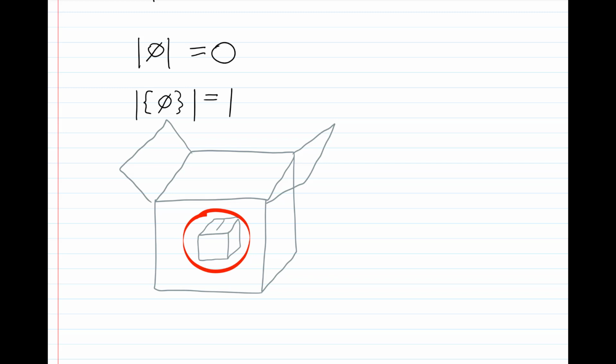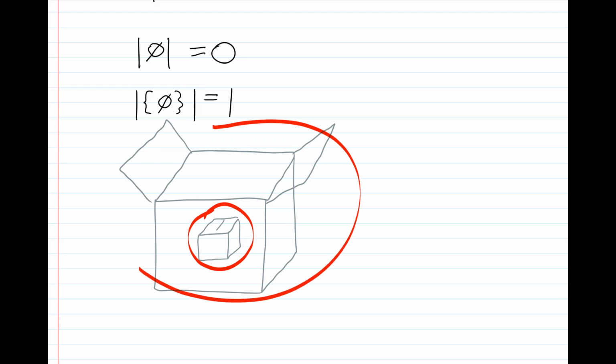So you can't say that the cardinality of this set is 0 because that set's not empty. The cardinality of this set is 0. That's the empty set. But this set is not the empty set.